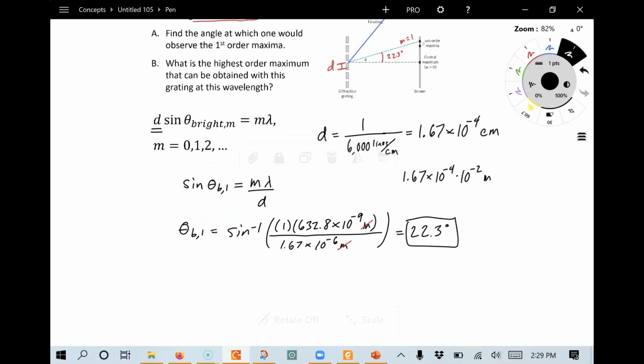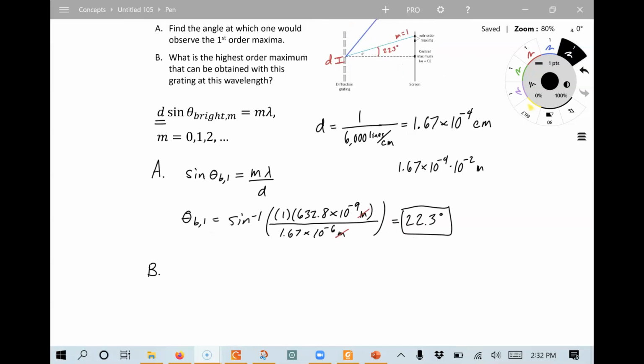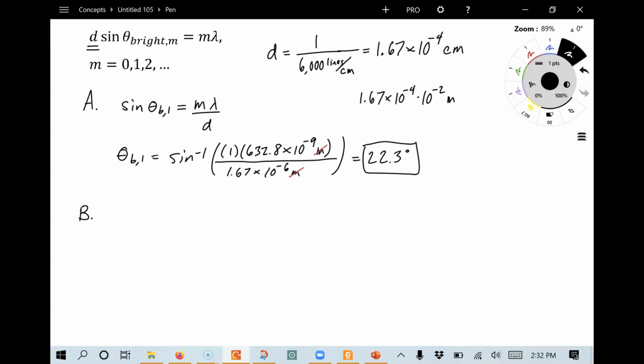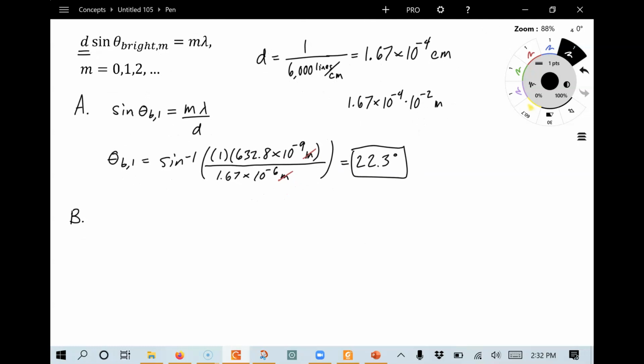So this was part A. Now we're looking at part B. And for part B, we're going to use the exact same equation here. Sine of 90 degrees is 1, so that means that m lambda over d is going to have to be less than or equal to 1, and that's going to give us our maximum m value.